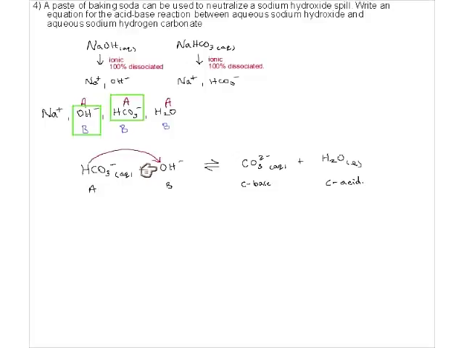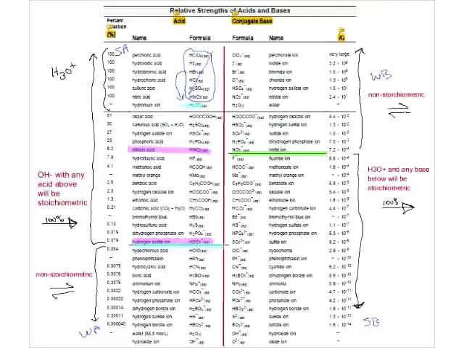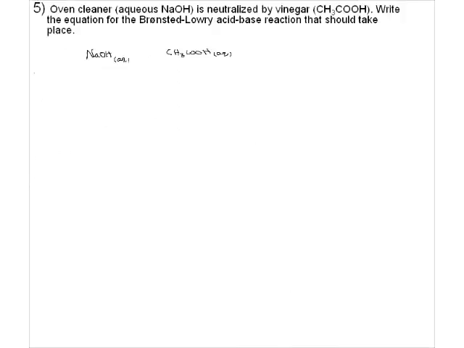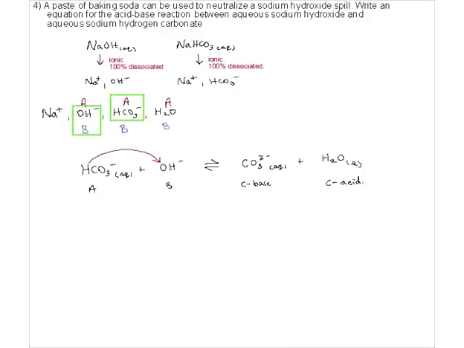So what does that mean for us? Well, let's go look at our table. We said anytime we have OH- and an acid that's stronger or above this line, it's good to go. It's going to be 100% forward. Anything that's below this line is going to be too weak. And what did we have again? We had OH- and bicarbonate.